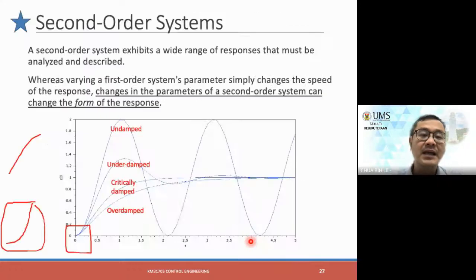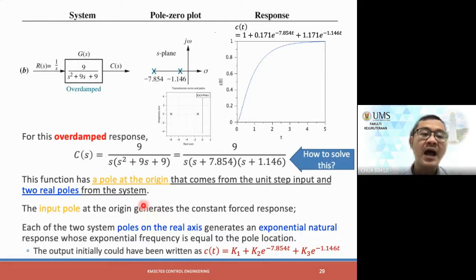By doing this, we categorize the second order system time response into four: undamped, underdamped, critically damped, and overdamped. And we observe how it responds to the system itself.